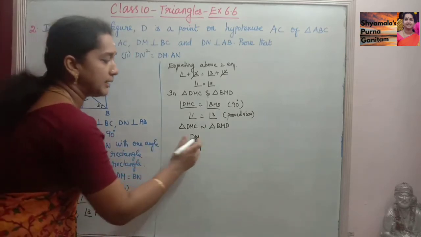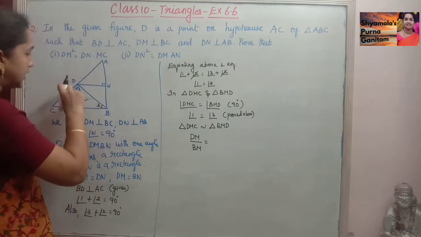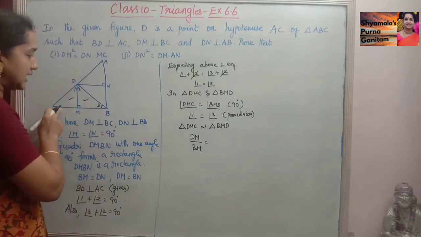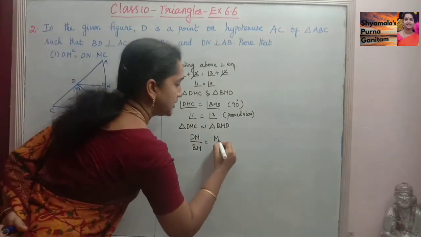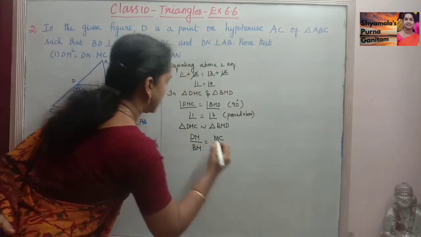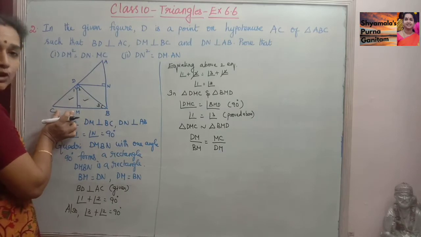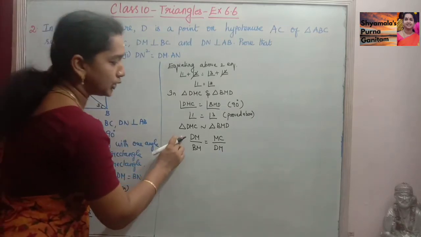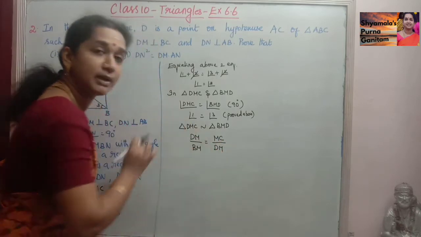So DM by BM is equal to MC by DM. MC is the base of the first triangle and DM is the base of the second triangle. So DM by BM is equal to MC by DM.